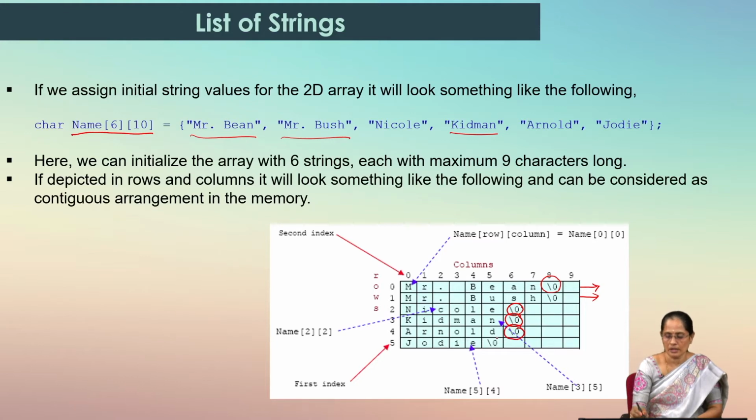Then the sixth string is enclosed in the last row, that is with the index 5, and it is ended with the null character. So, this is how a list of strings is handled by C language in the form of a 2-dimensional array.